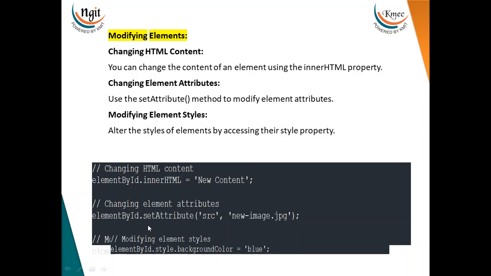So get the element by that id, and set its source to a new image. Modify element styles: element by id, dot style dot backgroundColor, which I am going to change to blue. Here I am modifying the style property.